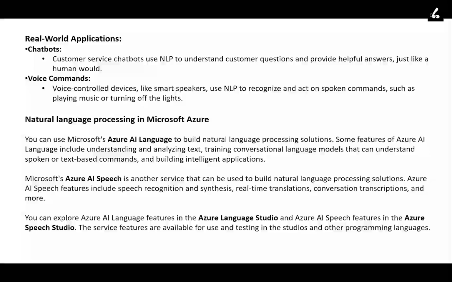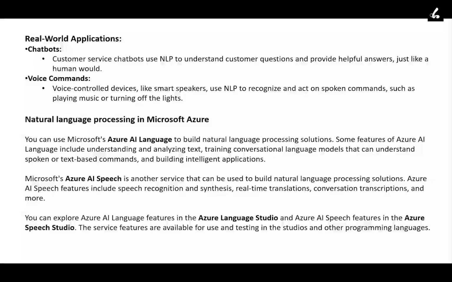But the main thing here is natural language processing and Azure. So what we are getting in Azure, we can use Microsoft Azure AI Language to build natural language processing solutions. Some features of AI Language include understanding and analyzing text, training conversational language models that can understand spoken or text-based commands, and building intelligent applications.